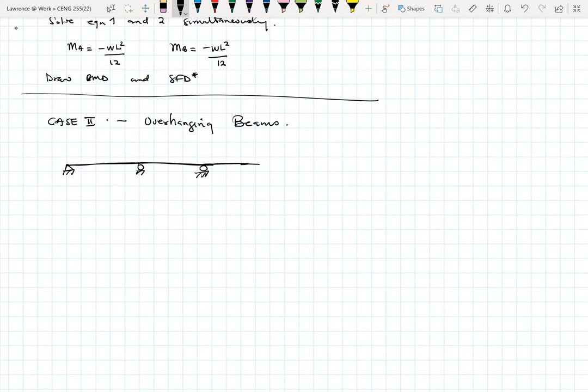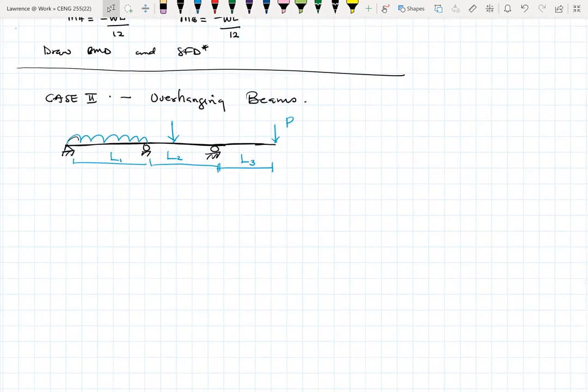We have a load, there is some load somewhere. Then we have a load here, P. This length here L3, L2, L1. Let me name the points A, B, C, D.